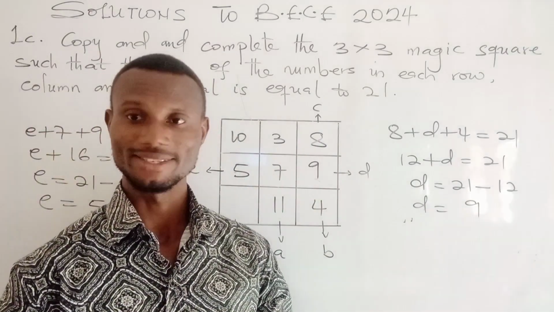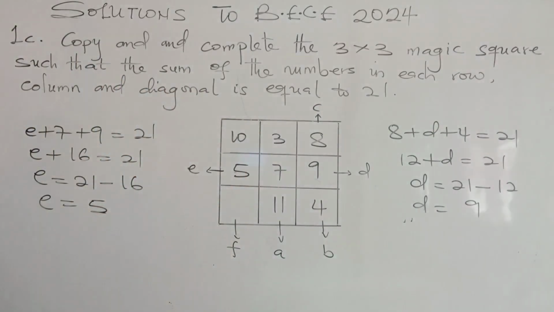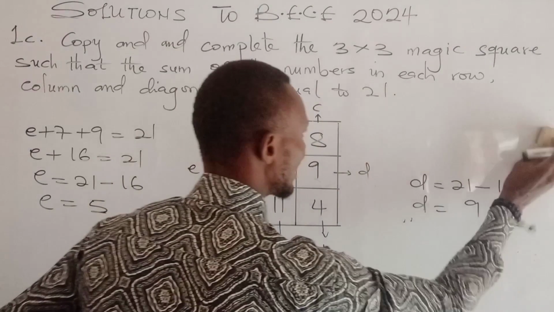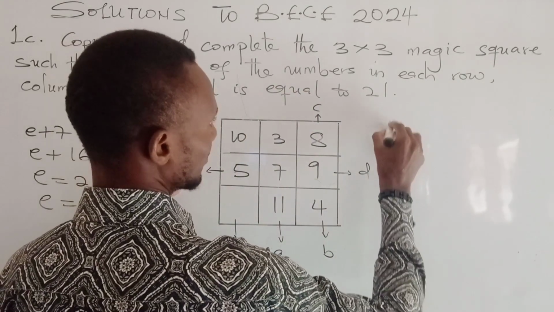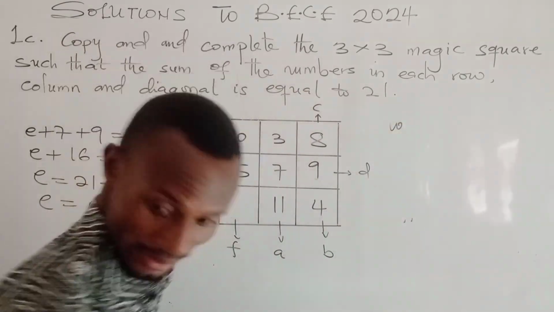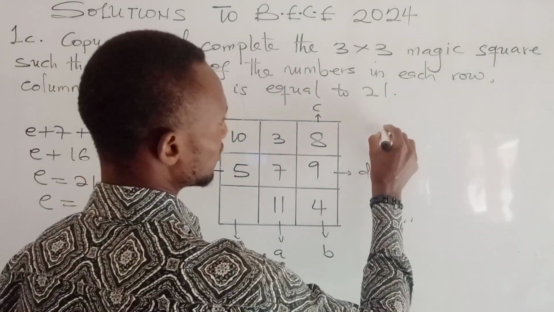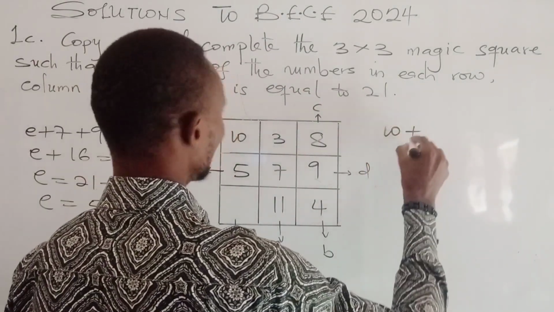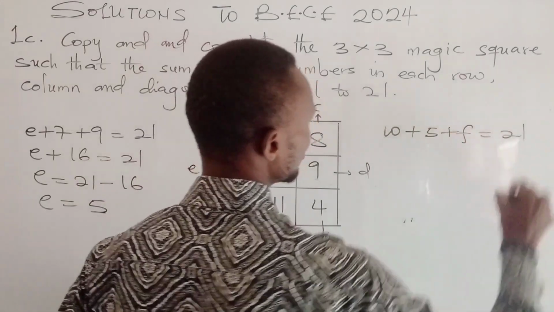You are going to get the same answer. Let me clean here so that I can continue. Let me write it well so that you can see it. So I'll do my 10 plus 5 plus the F should give me 21.